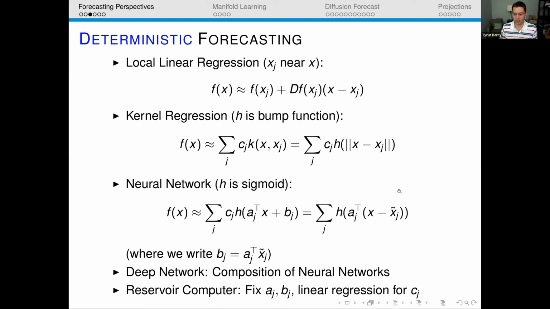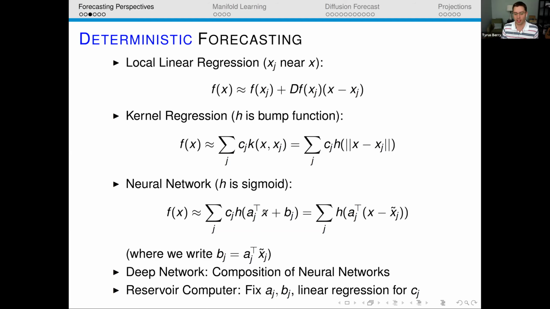Now, on the other side, these are the methods that I'm trying to understand a little better in terms of how they relate, and there is a similarity here. If you go into neural networks, you'll see a lot of functions that look like this. Now, instead of h being a bump function, h is a sigmoid function. Instead of having the function h depend explicitly on the historical data, xj, in neural networks they introduce parameters.